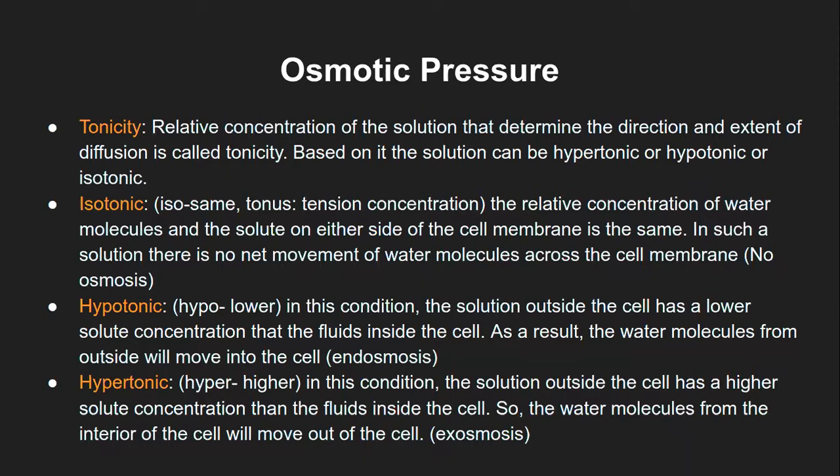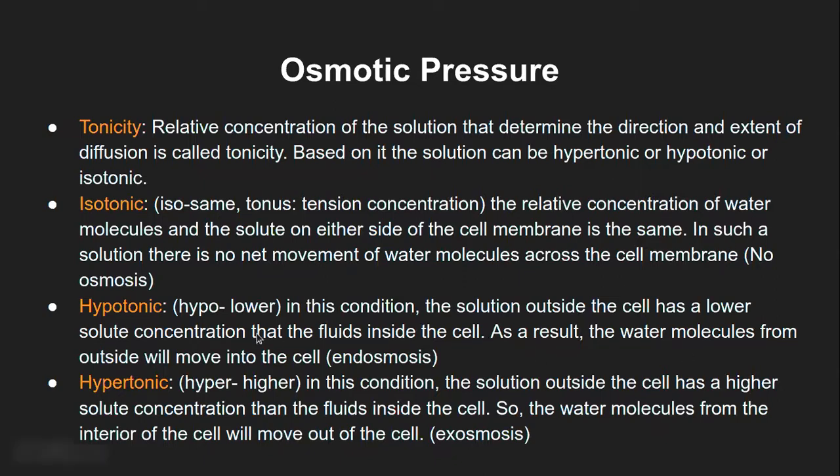Now if you have to decide the diffusion, then obviously 10 gram per liter will allow the salt molecules to move towards the 5 gram per liter, because the tonicity of this 5 gram per liter is less compared to 10 gram of the salt per liter of the water or solvent. So that way we say tonicity is higher or lower or same. Okay, so I hope that part was clear.